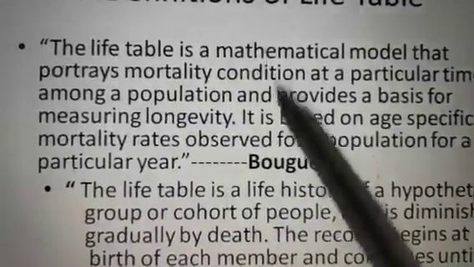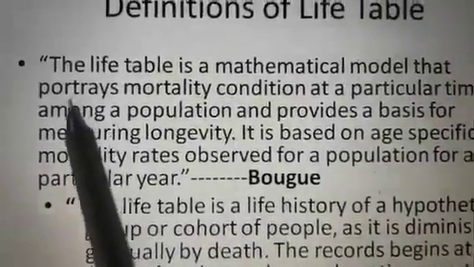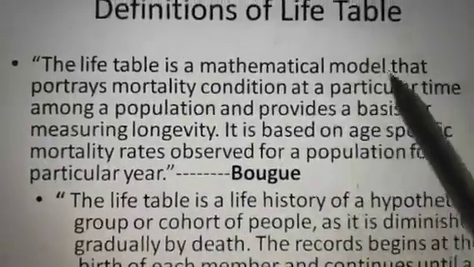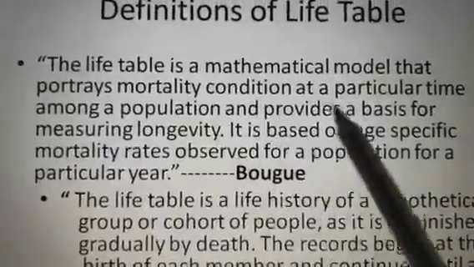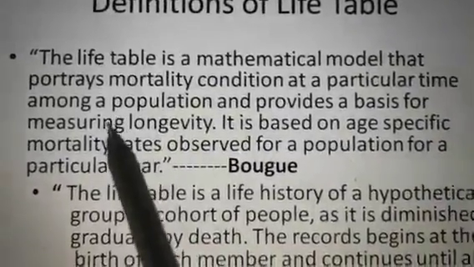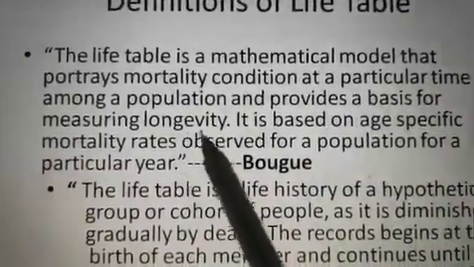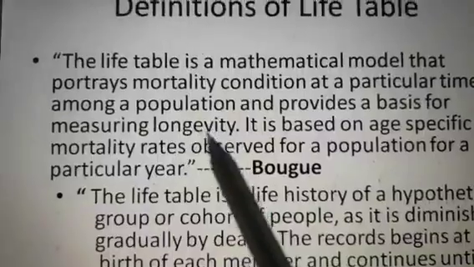So as per Bogue, he defined in his own words, within inverted commas, that the life table is a mathematical model that portrays mortality conditions at a particular time among a population and provides a basis for measuring longevity. And this longevity is a measurement of HDI.